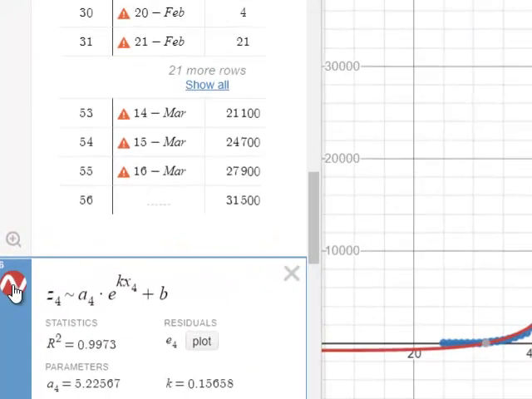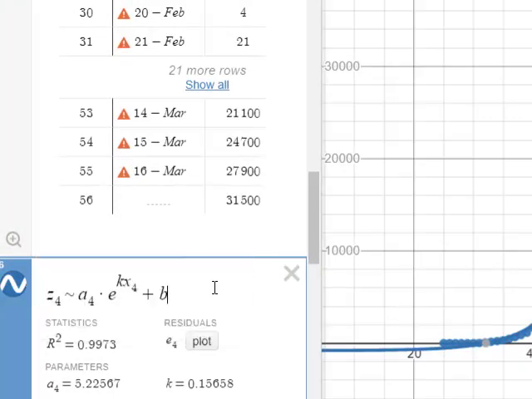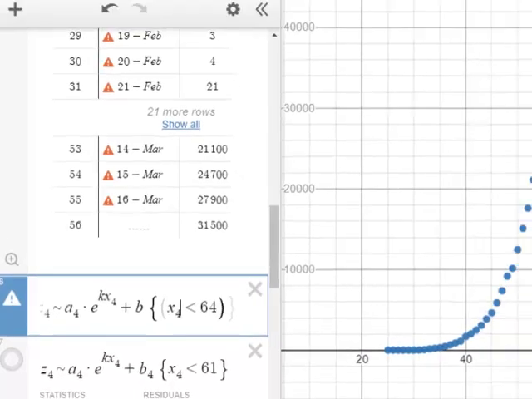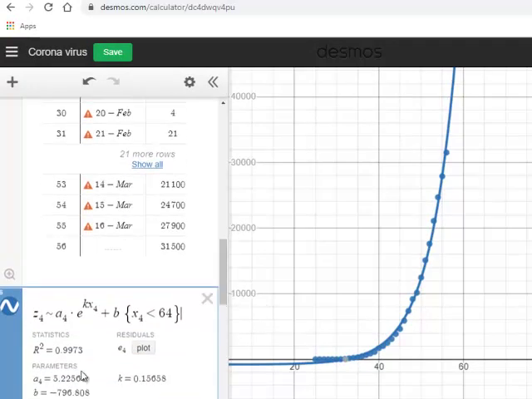a y-intercept here, and I'm going to change the color of this curve. And then right behind it, I'm actually going to cut off this line here. So I'm going to say x4 is less than 64 days. There we go. And close the parentheses. All right. So here is the initial one, 5. As I said, negative 800.